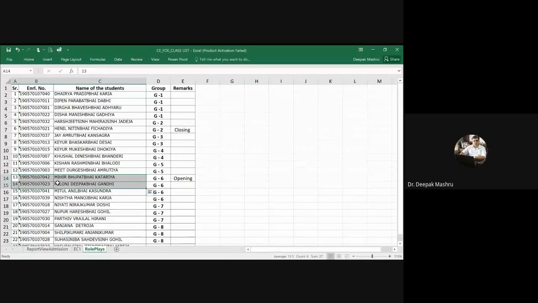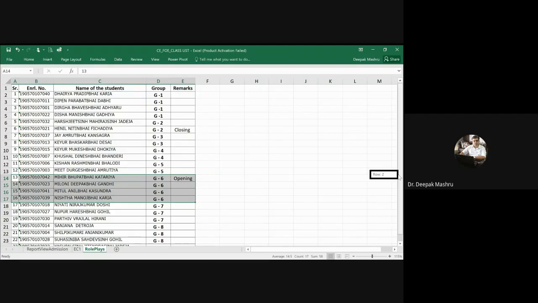Okay, then Mihir and Meloni will be there, enrollment numbers 42 and 23, in group number 6. Group number 6 has 4 students. So Mihir, Meloni, Mitul and Nishtha.